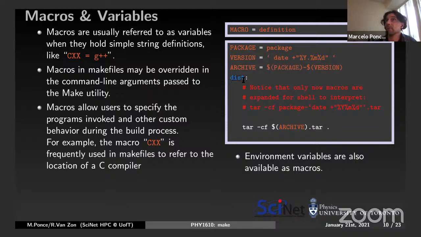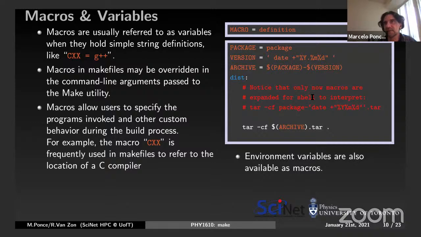And then comes my rule, dist, for distribution. In this case, my rule is calling the tar command, which is able to combine files, and it's going to create a file with the name given by the macro archive. So it will contain the name of the package, slash, and the timestamp of when the makefile was generated, .tar, and dot represents the current directory.